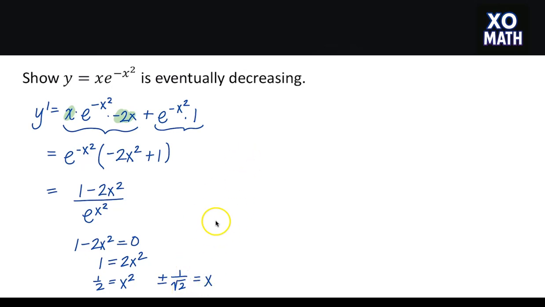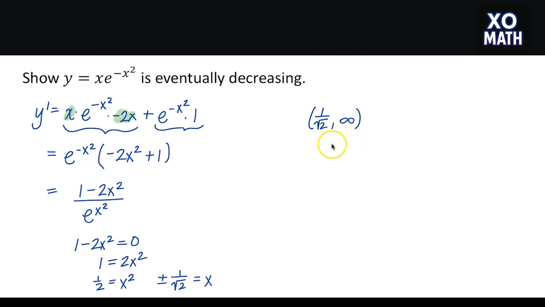And again, I want to determine that this is eventually decreasing. So I can think about splitting up the domain again into my three possible intervals. But really, I just want to show that after 1 over radical 2, I'm decreasing on that final interval. So I'm just going to test this interval, 1 over rad 2 to infinity.